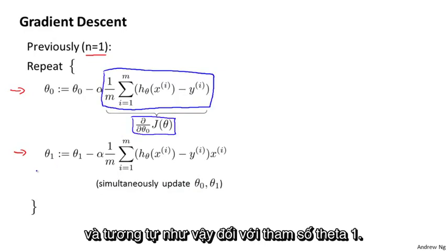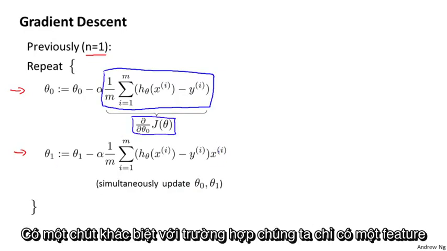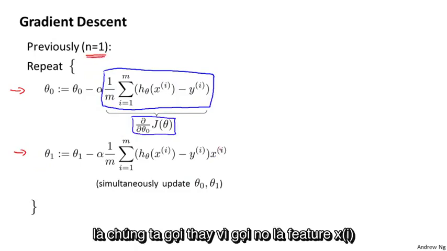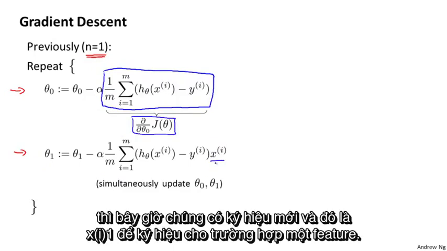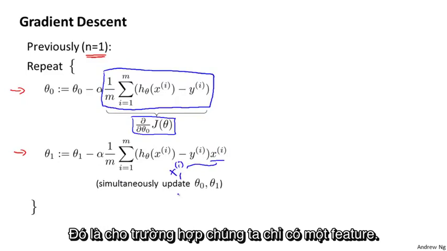And similarly, we had a different update rule for the parameter theta 1. There's one little difference: when we previously had only one feature, we would call that feature x i, but now in our new notation, we would call this x superscript i, subscript 1, to denote our one feature. So that was for when we had only one feature.